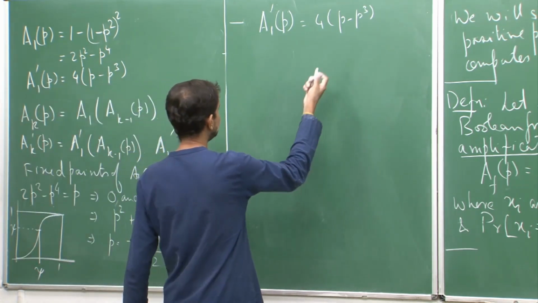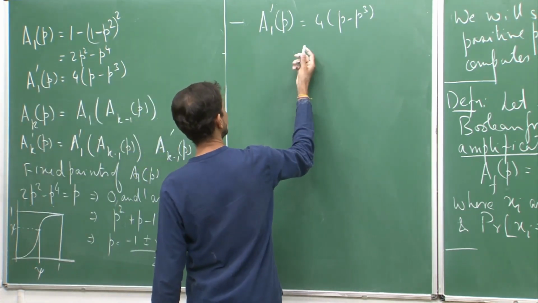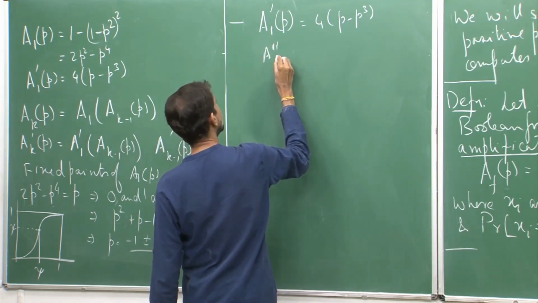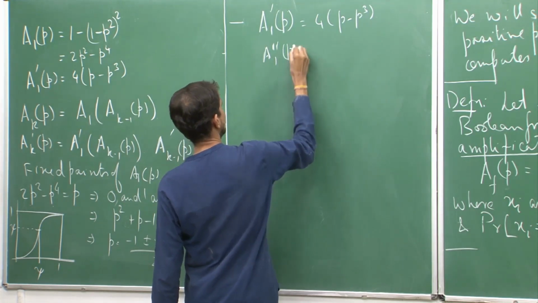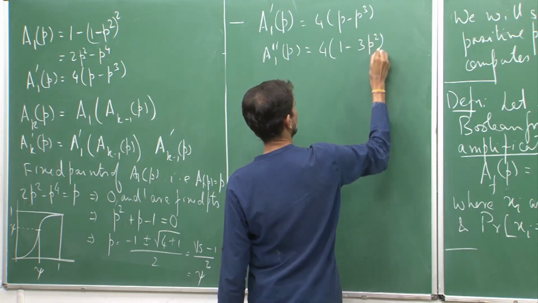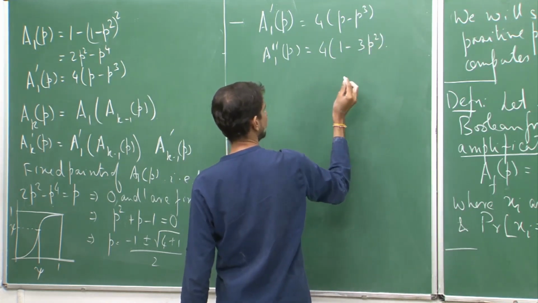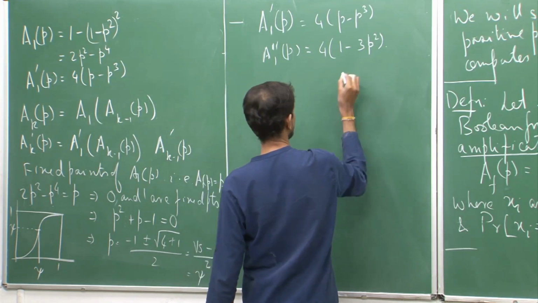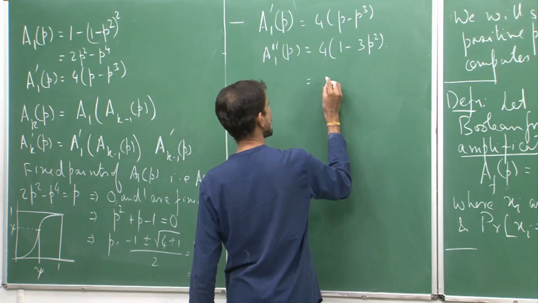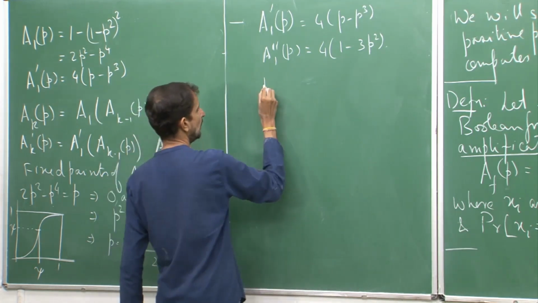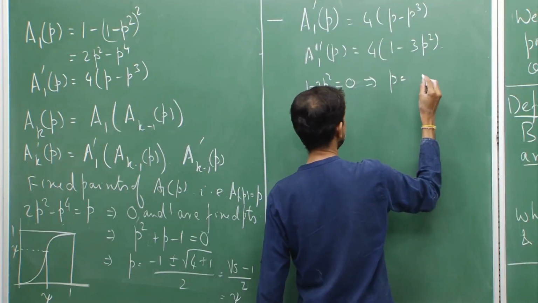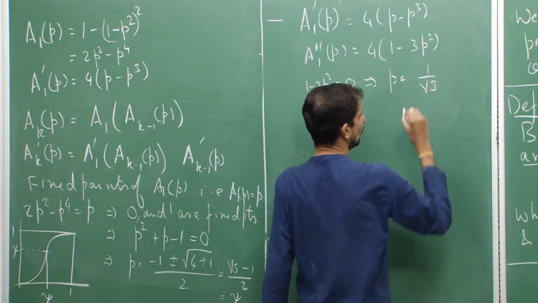Let us see what is the maxima and minima of this. To find maxima or minima, let us look at the double derivative. A prime prime of p will be equal to 4 times 1 minus 3 p square, and if I equate this to 0, I get 1 minus 3 p square equal to 0, which implies p is equal to 1 over root 3.